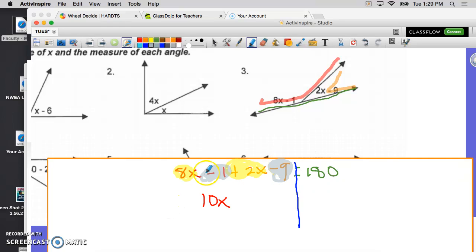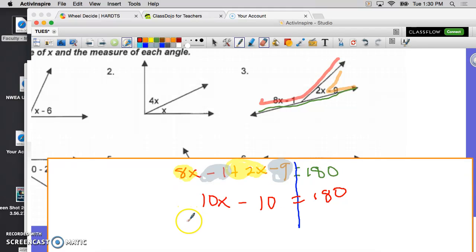So -1 combined with -9, if you remember your integer rules, is -10. So that -10 we just place right here. That takes care of that side of the street. And then I simply bring down what's on this side.